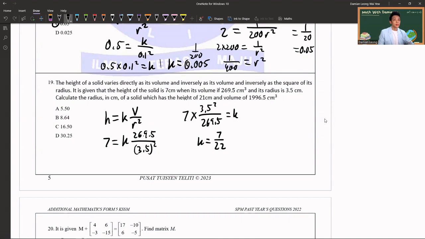So in other words, H equals 7 over 22, 7V over 22 R squared.